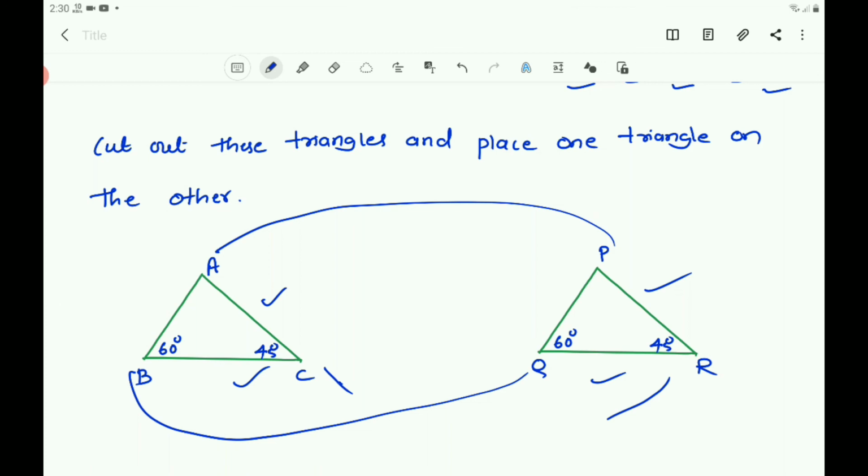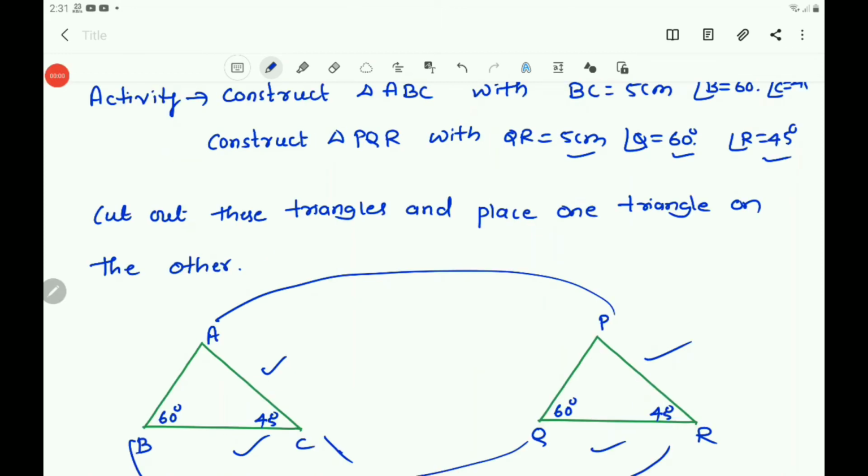So here triangle ABC and triangle PQR are congruent as the two angles and their common side are correspondingly equal. Repeat this activity with more pairs of triangles.